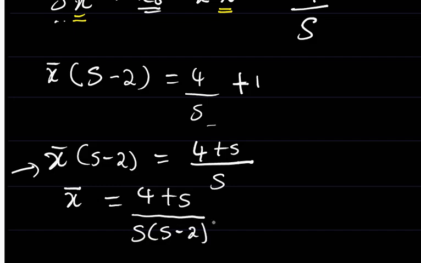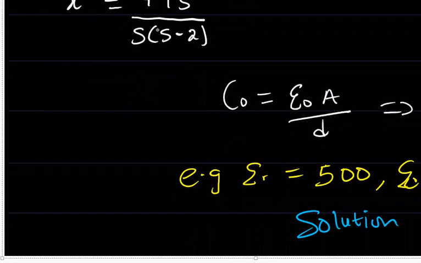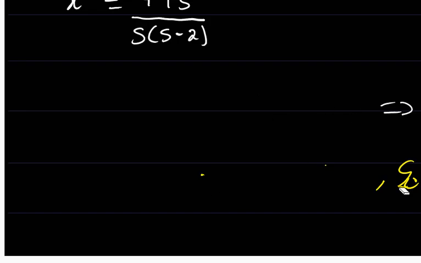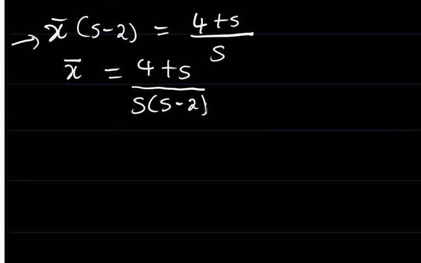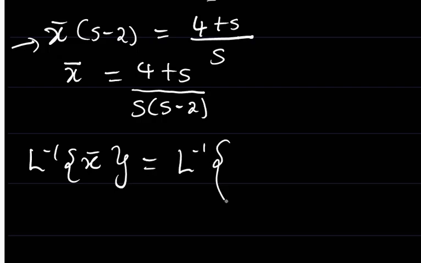Now for us to actually complete our solution, we have to find the inverse Laplace transform of both sides of the equation. Invariably I have to do the inverse Laplace transform of x bar, and at the same time, the inverse Laplace transform of 4 plus s all over s into s minus 2.